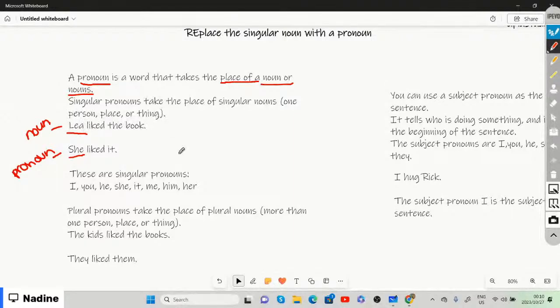A noun is Leah, and if we replace that noun with a pronoun, then it is she. Book can also be a noun, and then we replace it with it.